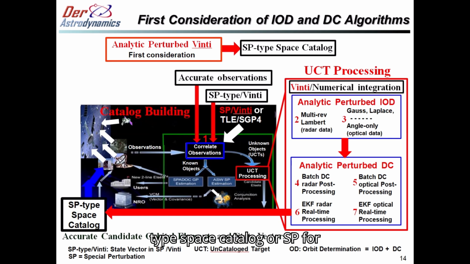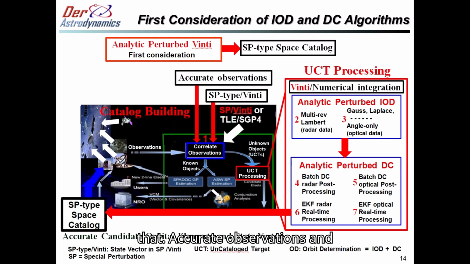An SP-type space catalog, or SP for short, can be constructed with the use of Winty and/or numerical integration for UCT processing in boxes 2 to 7. Note that numerical integration with desired perturbations may be used for the last iteration of DC in boxes 4 to 7 if needed, for example, for lunar trajectories.